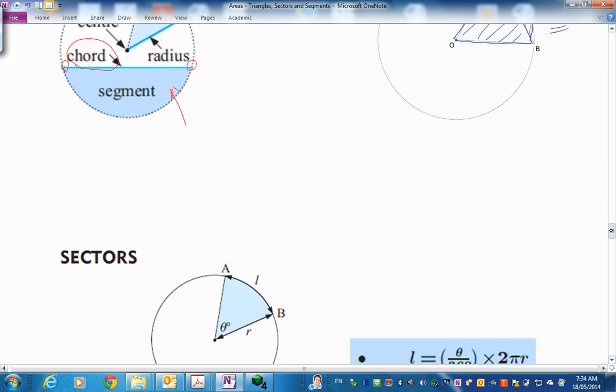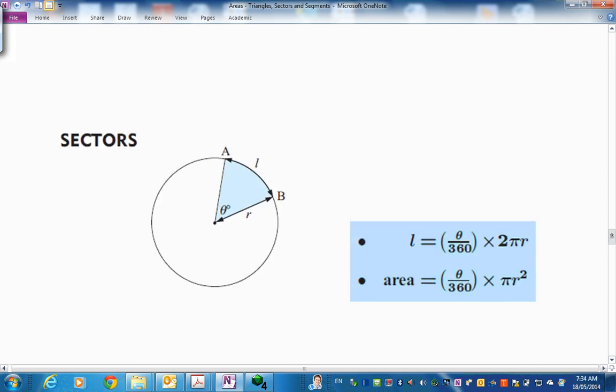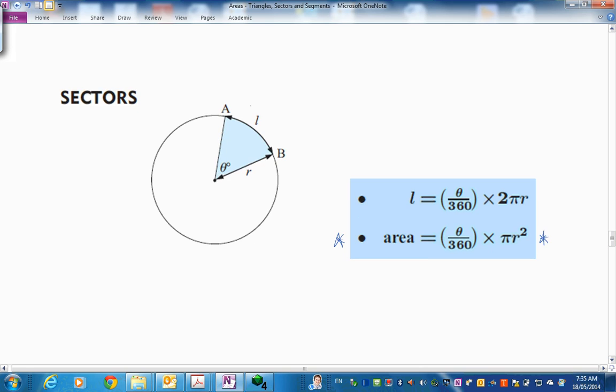Okay, I gave you a hint earlier. We need to find what fraction of the circle it is. So let's come down here. What fraction of the circle is that sector? Okay, well, there's a clue. It's only got an angle there, a part of a revolution of theta degrees.